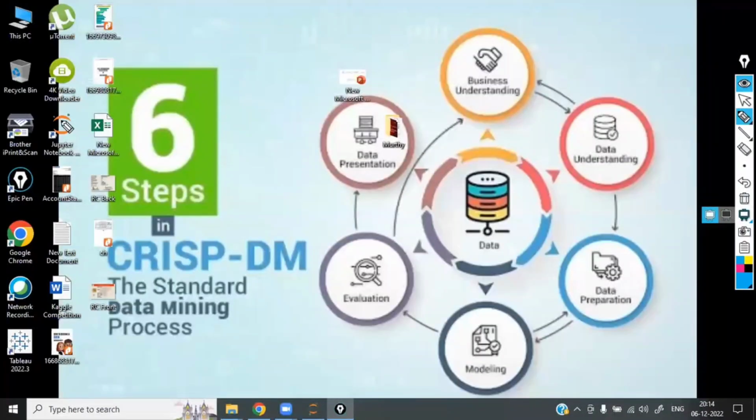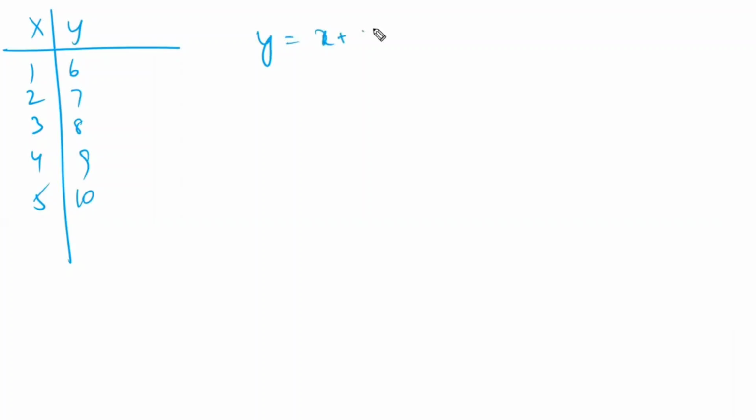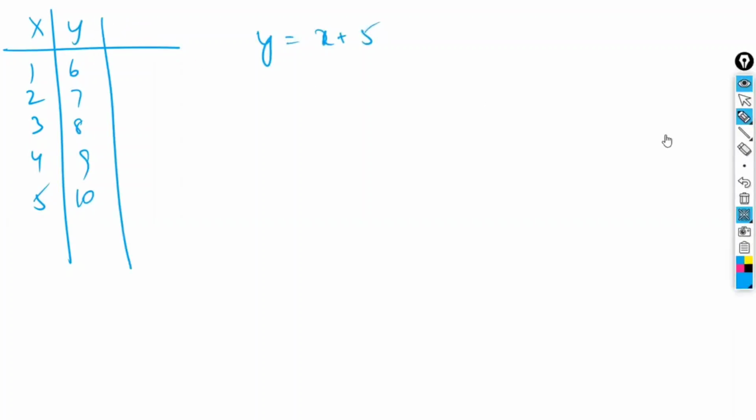Now let me explain with a simple example. X is equal to 1, 2, 3, 4, 5. Y is equal to 6, 7, 8, 9, 10. This is the data set. For this data set, I am going to calculate the model. The model is y equals x plus 5. Without the model, first let me try with SSE of average.